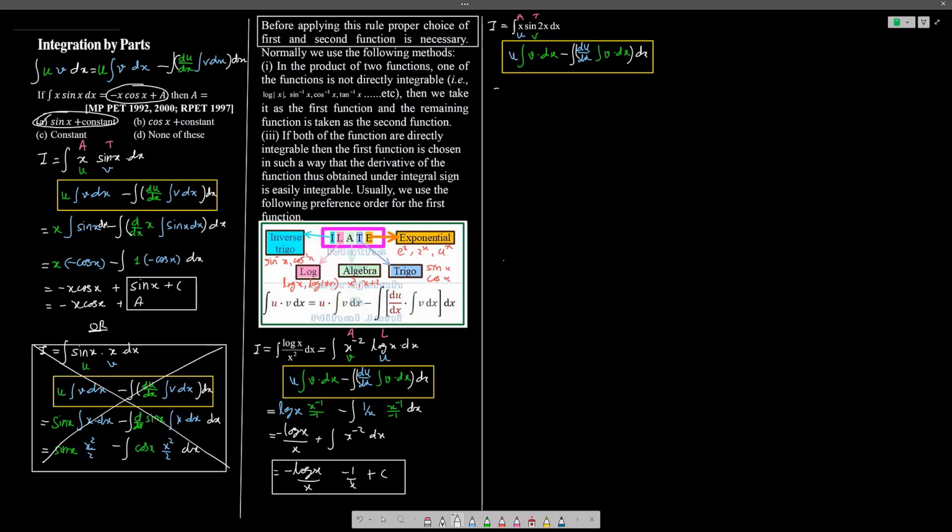Now apply the formula. In the first term, x as it is, integration of sin 2x, which is minus cos 2x upon the coefficient of x, minus integration of the product of differentiation of x, which is 1, and integration of v, which is minus cos 2x upon 2.